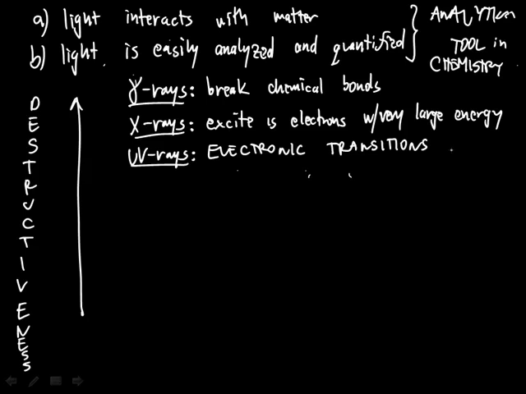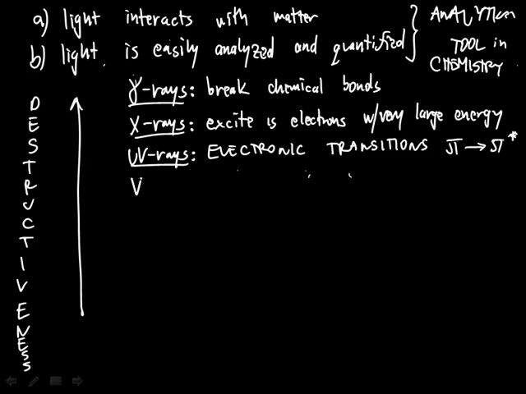UV rays typically will excite something from a pi orbital to a pi star orbital. So it will cause electrons from an already relatively highly lying valence orbital to excite a little bit more to an anti-bonding valence orbital. And so this allows us to characterize pi bonds quite well. And this will be useful in our discussion in the next half of this course, Chem 33-32.